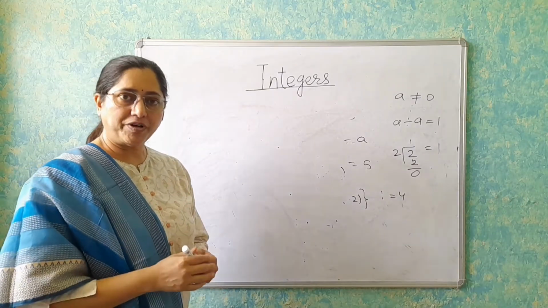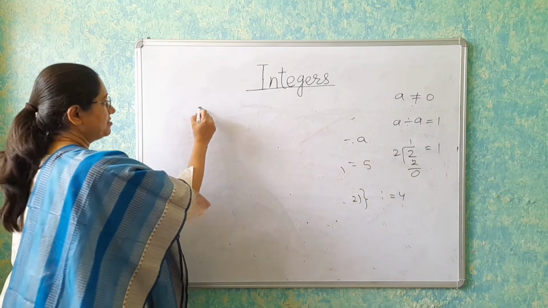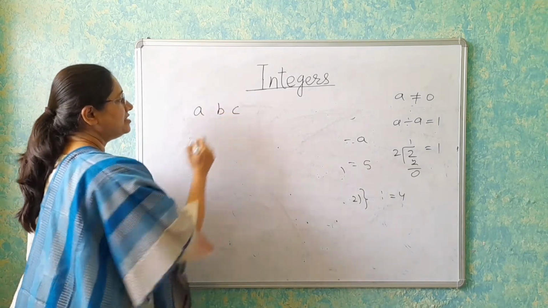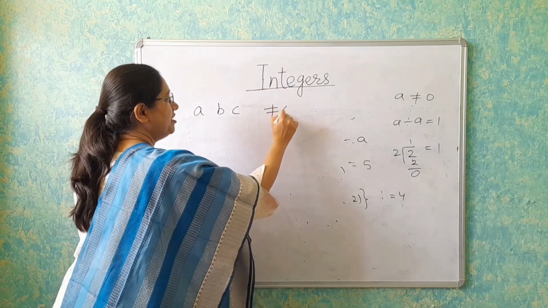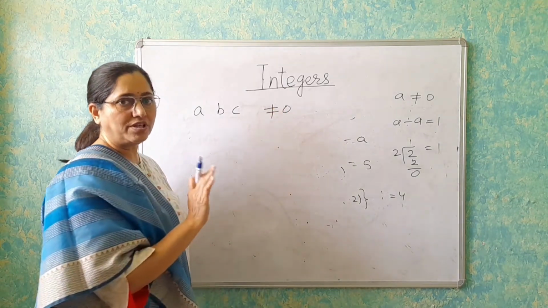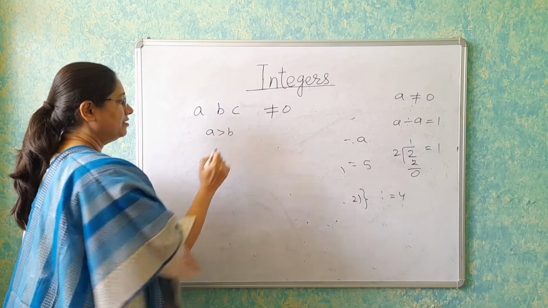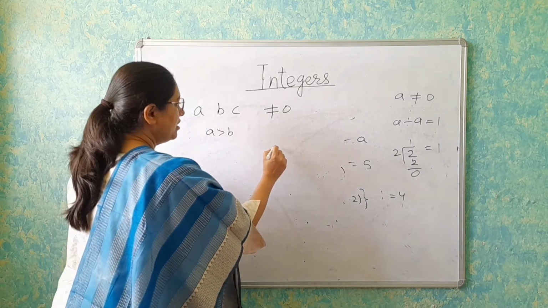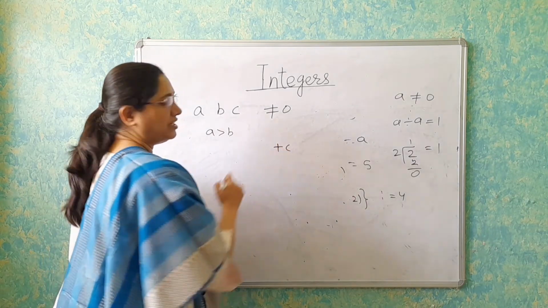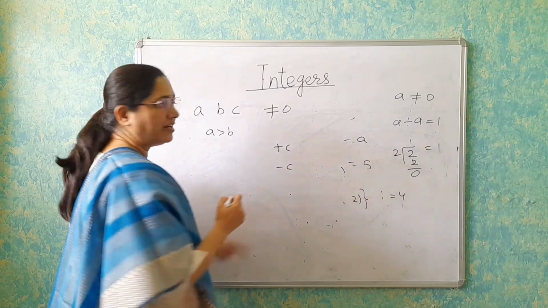And the last property of division of integers is, suppose we have 3 integers a, b and c, and all 3 of them are non-zero integers. It means they are not equal to 0. Now, if a is greater than b, then there may be 2 possibilities. First, if c is a positive integer, and second, if c is a negative integer.